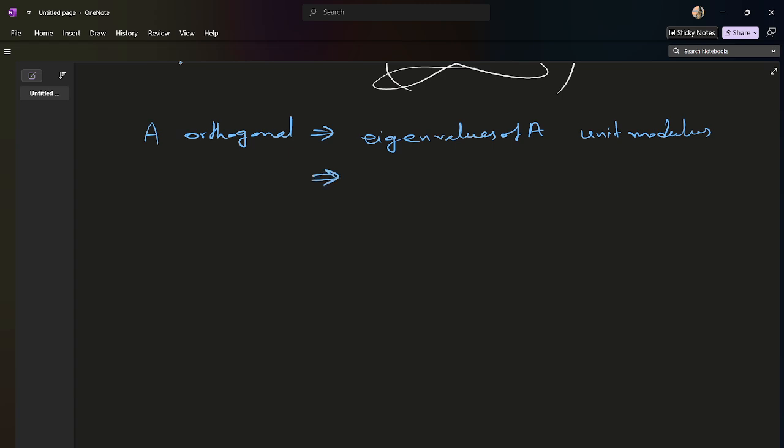Let the eigenvalue be lambda; then mod lambda is equal to 1.